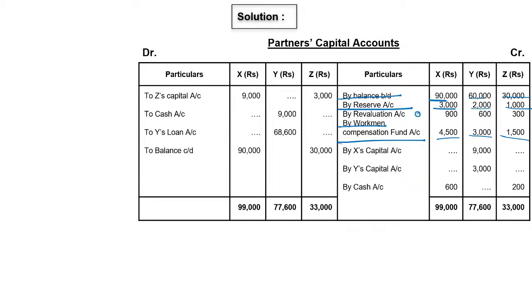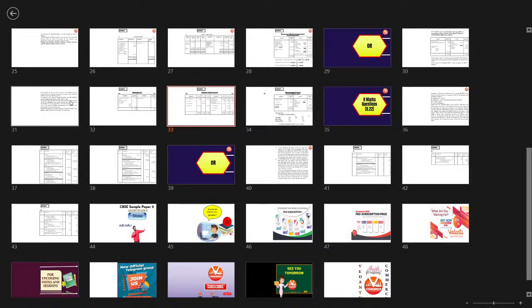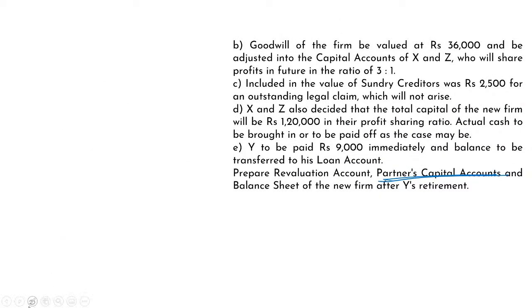Also, we will record the revaluation profit. So by revaluation 900, 600 and 300. Now after recording this, we will make the adjustment for goodwill. We have to record goodwill.